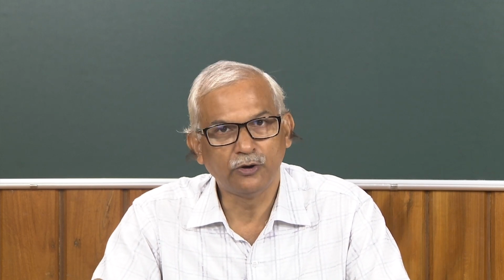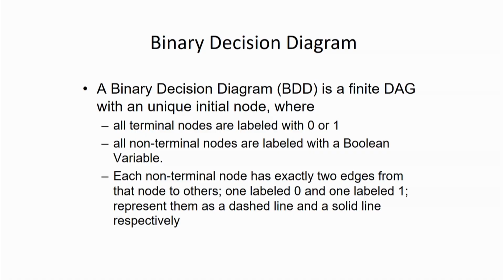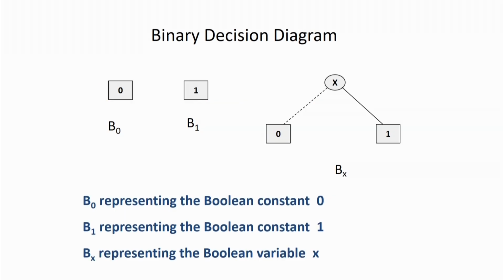So, we can now see how we can construct a BDD. When we talk about the BDD, we have 3 primitive BDDs. We have 2 constant values 0 and 1, which are basically terminal nodes. B0, the BDD for constant 0, is a terminal node with the value 0. Similarly, B1 is the BDD representation of constant value 1, and it is represented with this terminal node 1.